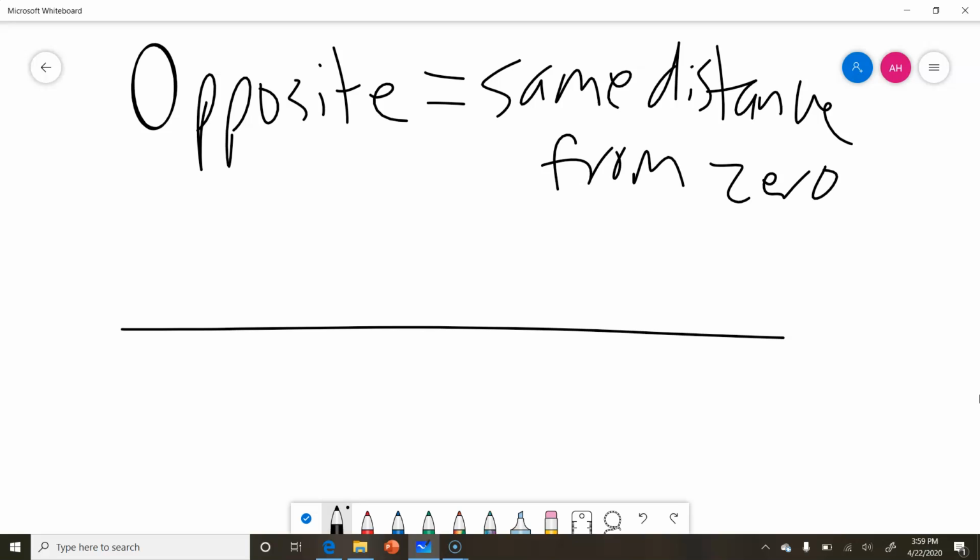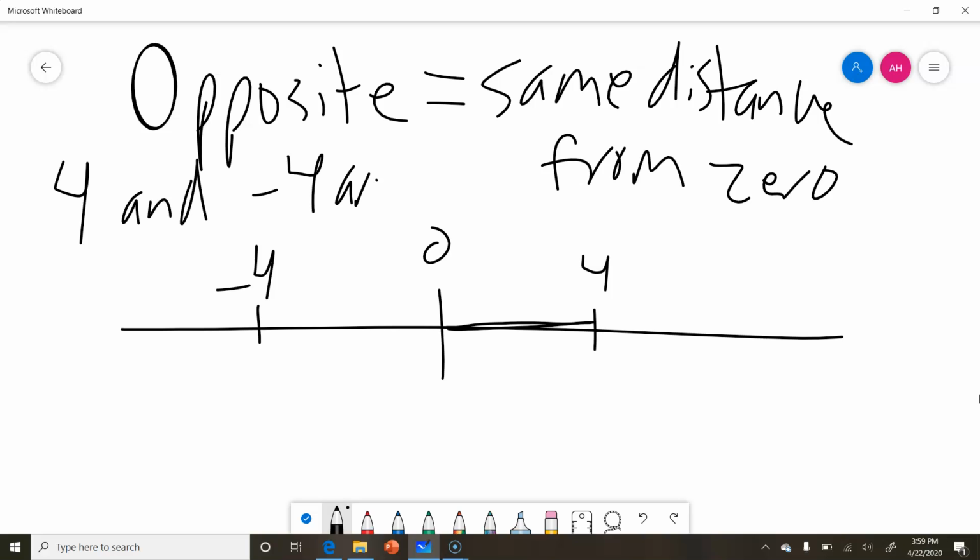So I draw my number line again. I have 0. If I'm at 4, what number has the same distance from 0, but on the opposite side? Oh, that's really easy. -4. So you see that 4 and -4 are opposites.